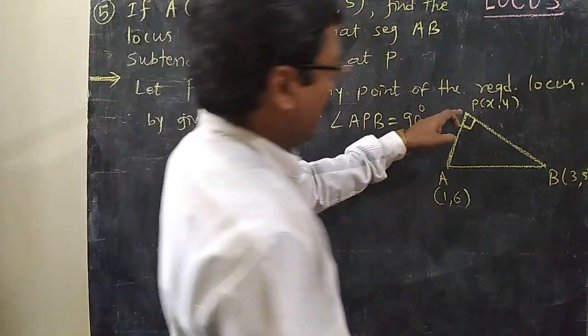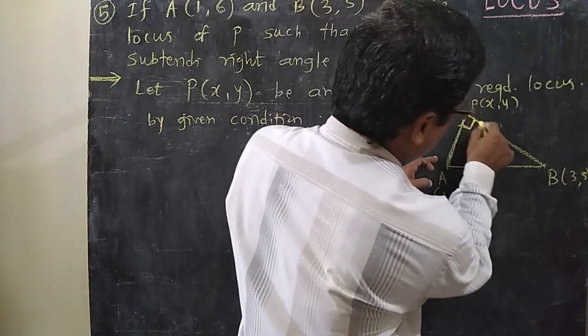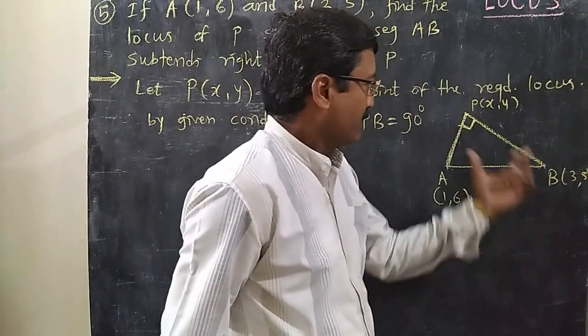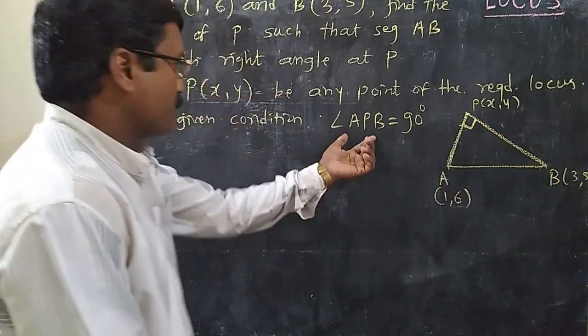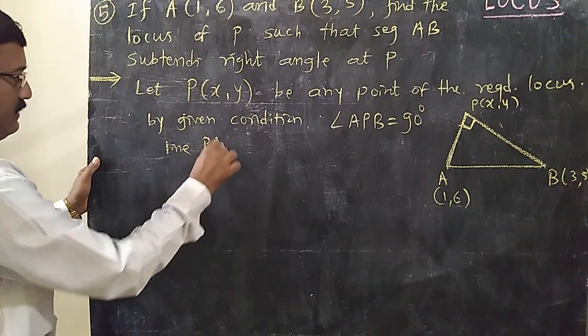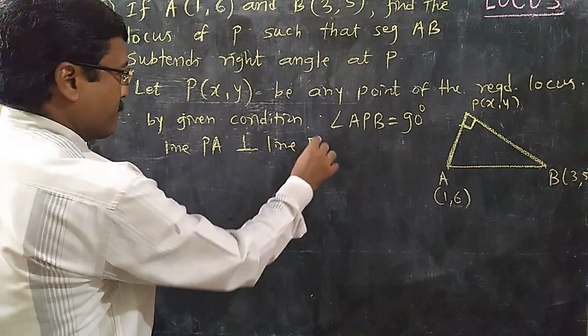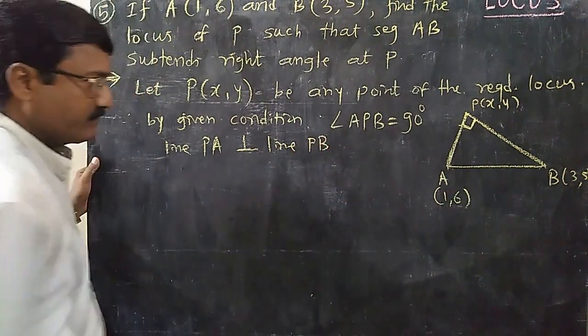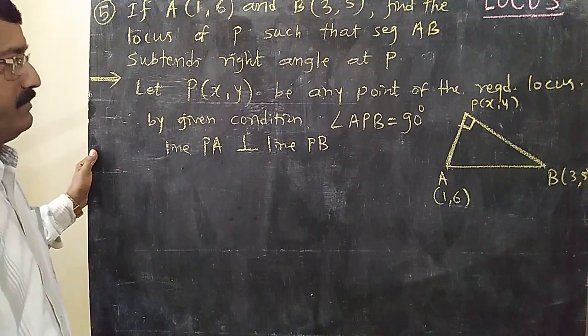If this angle is a right angle, we can say that this segment PA is perpendicular to segment PB. Means line PA and line PB are perpendicular lines. So line PA is perpendicular to line PB.